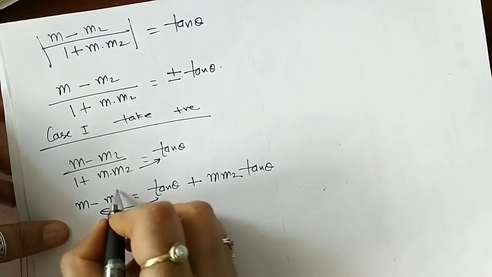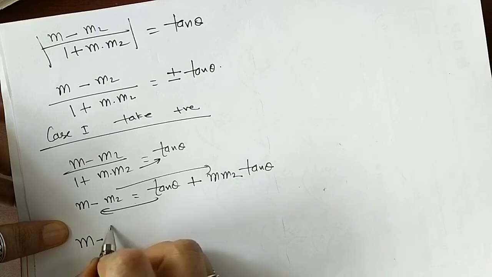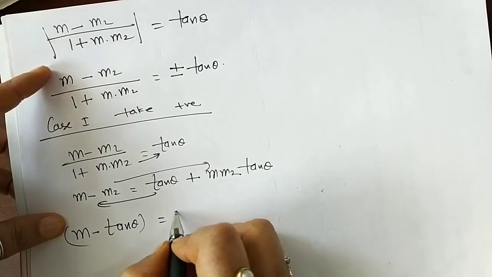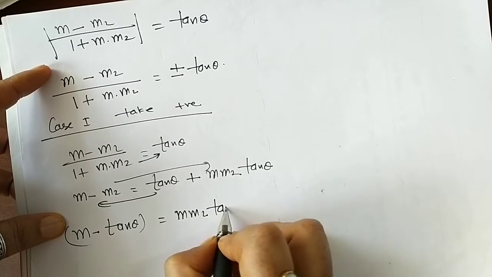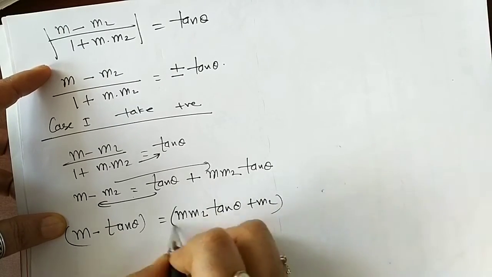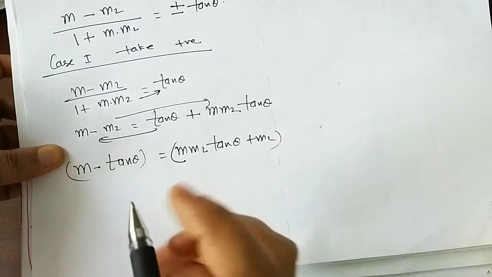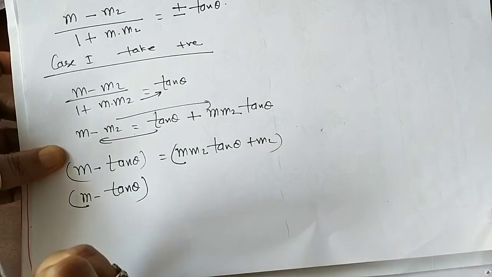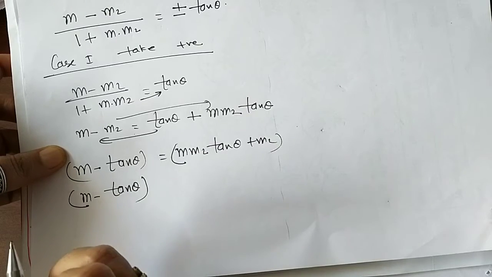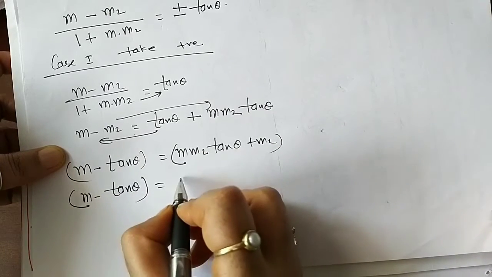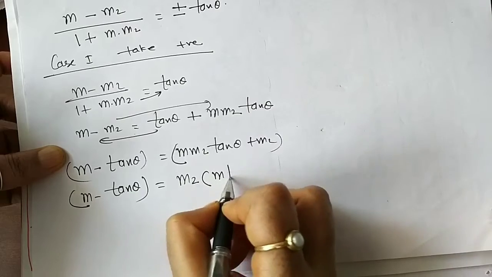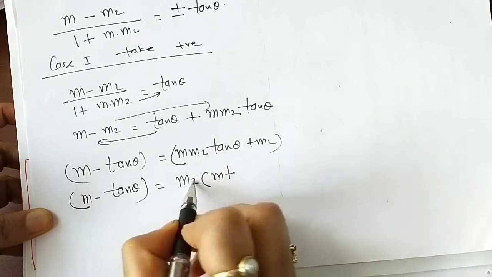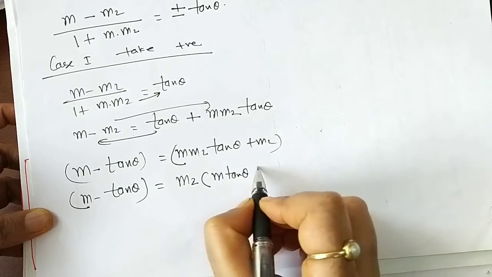So let me take this here and this here. So m minus tan theta is m2 tan theta plus m2. Now m2 is common, so m minus tan theta is equal to m2 times m tan theta plus 1.